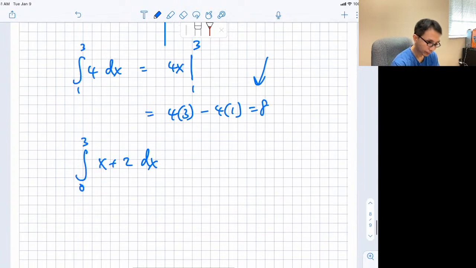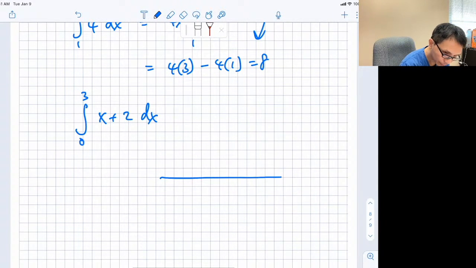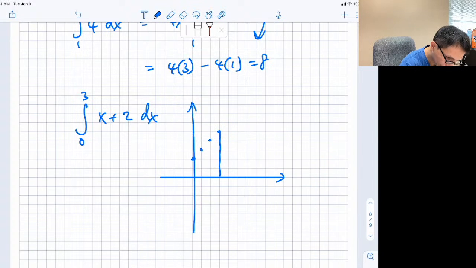So you do the normal graph you did before. You place the x-intercept at 2. Then you go up 1 until you reach 3. And you can make a triangle.